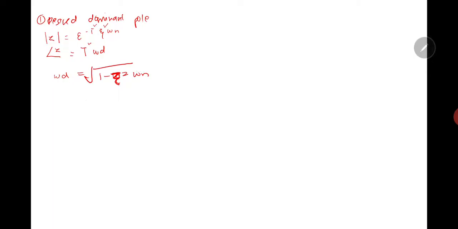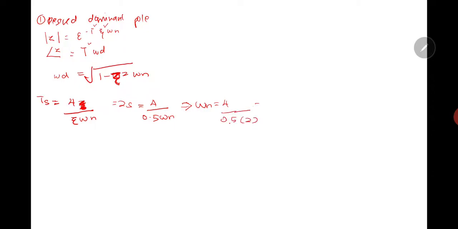From the question, the settling time is already given as equal to 2 seconds, and the settling time equation is 4 over zeta omega n, which is equal to 4 over 0.5 multiplied by omega n. From here we can get omega n, which is 4 divided by 0.5, divided by 2, which is 4 radian per second.